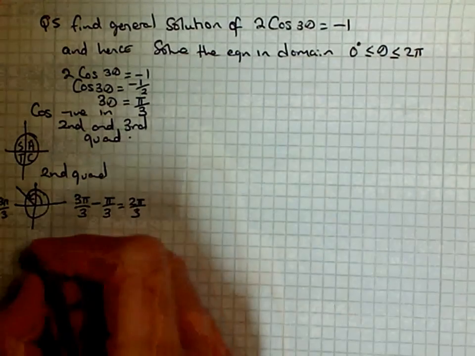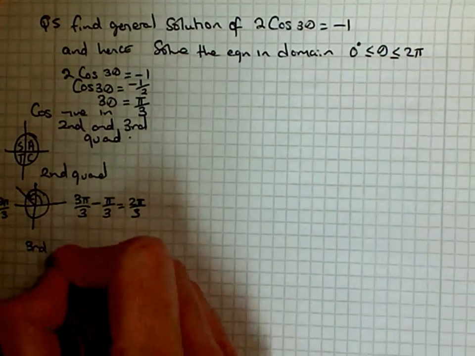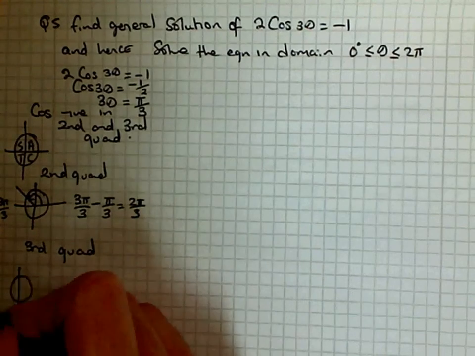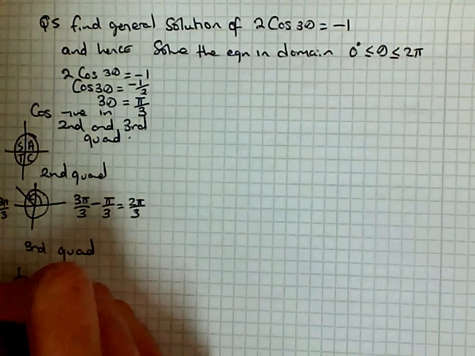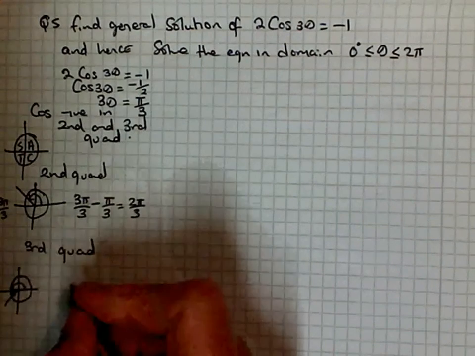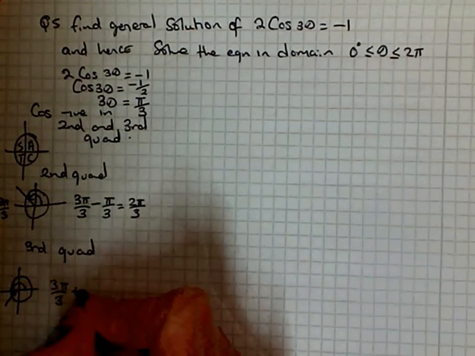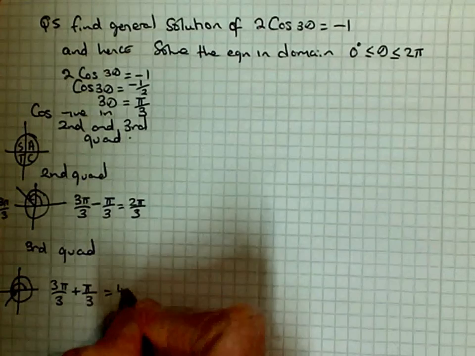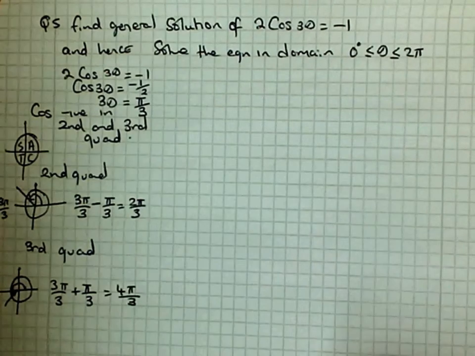Okay, and in the third quadrant, this is our 3 pi over 3 again, and our angle is going to be 3 pi over 3 plus pi over 3, which is 4 pi over 3.